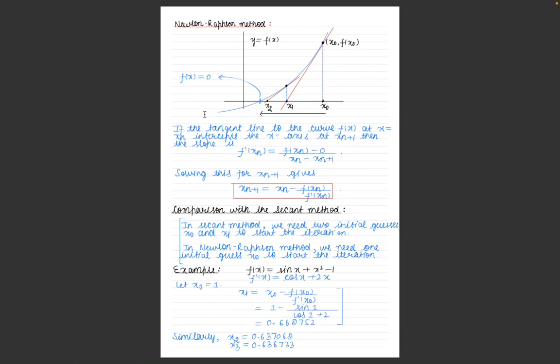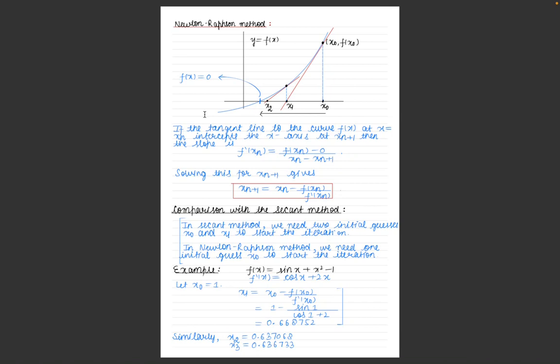Then you again repeat this process. This time this is the point, and again you draw the tangent to this point.